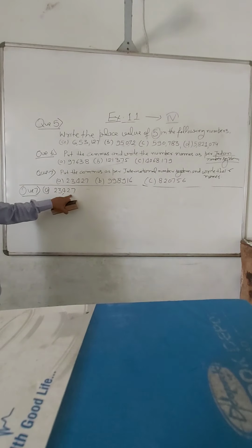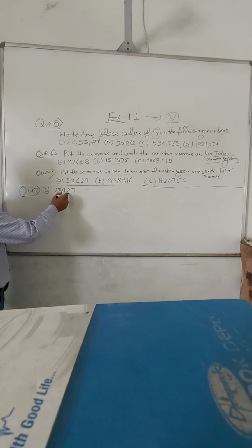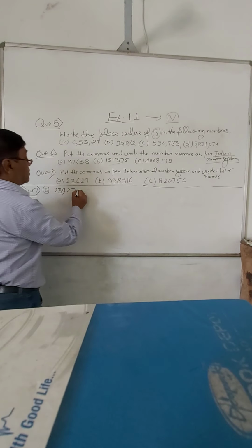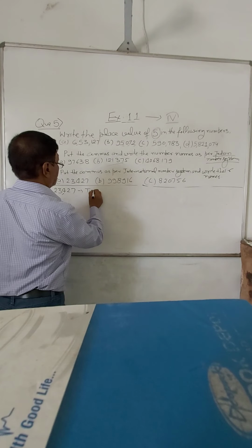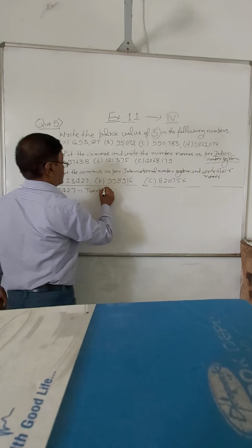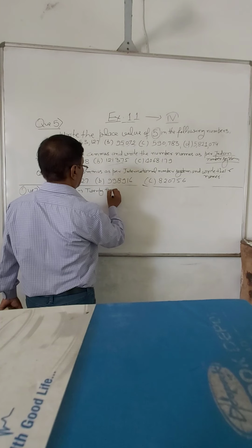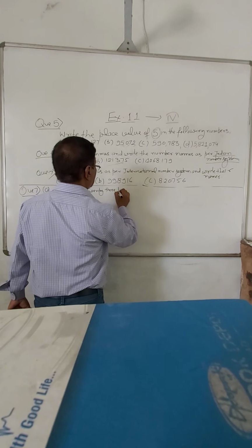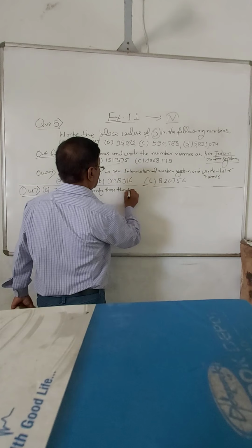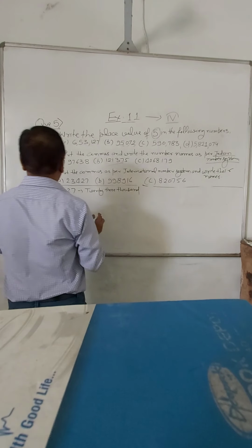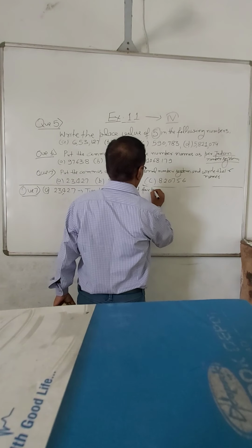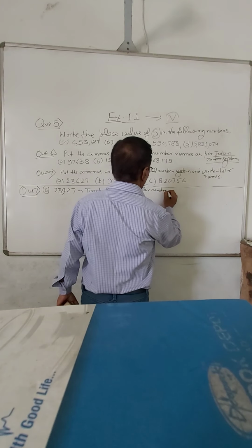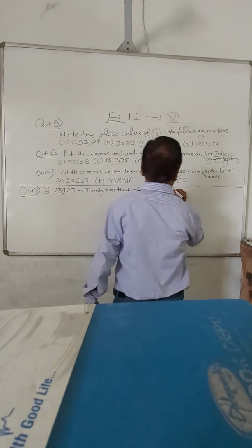So this can be read now: ones, tens, 100, 1000, 10,000. So this will be 23,427.